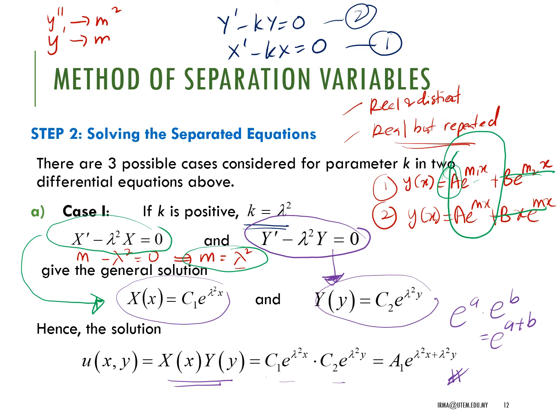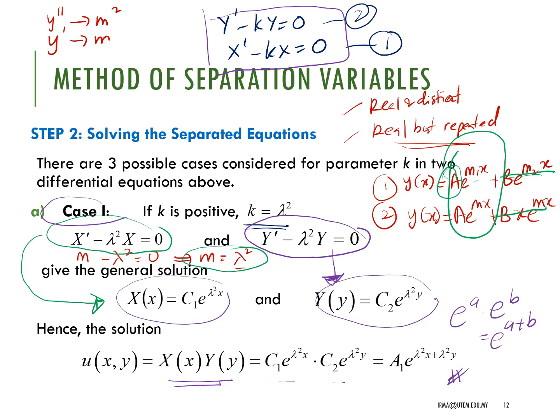Okay, and this is the solution. This is one of the general solutions for the PDE. Why do I say one of the solutions? Because this is for case 1 only. Still remember? We started with these two equations. For these two equations, we have three possibilities for k.